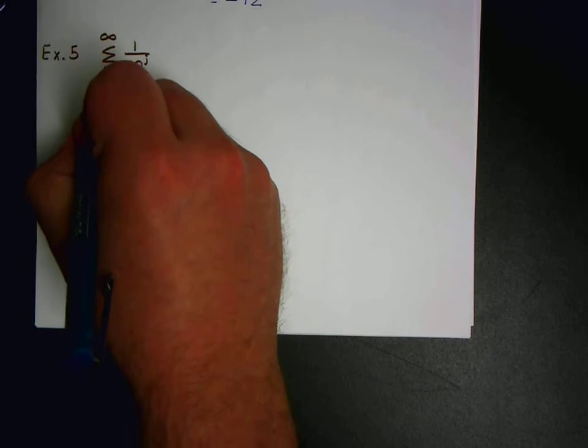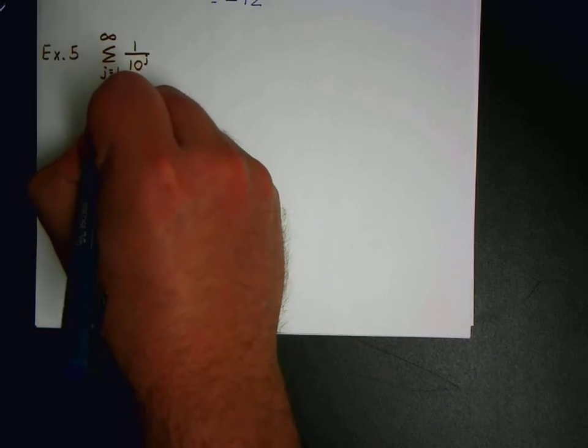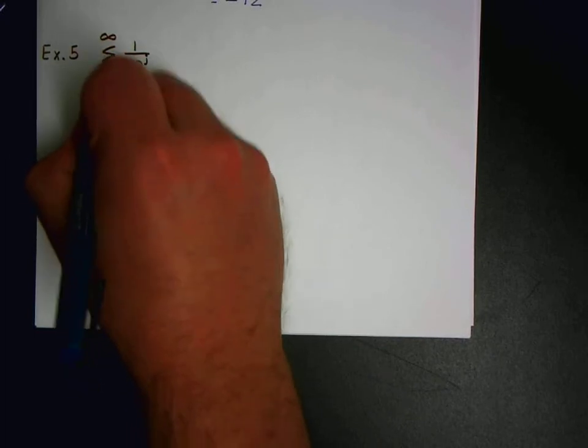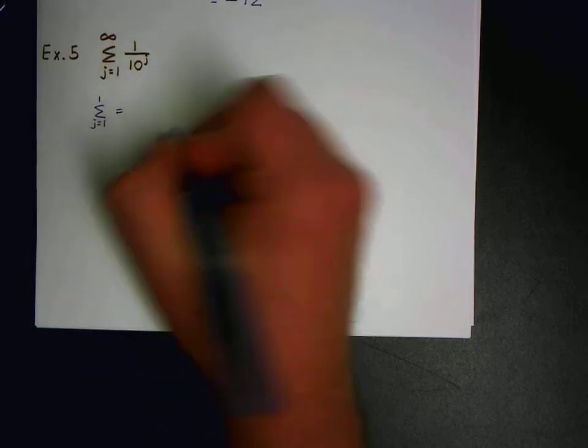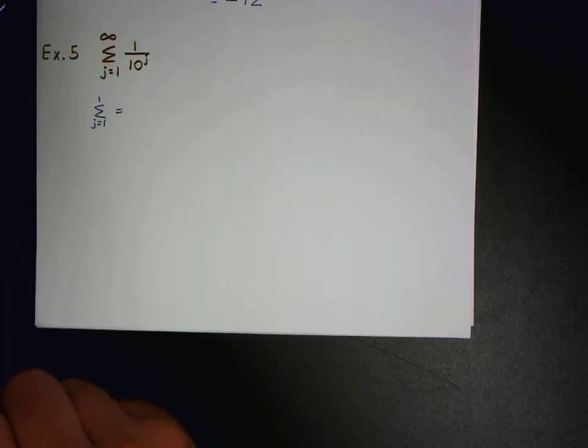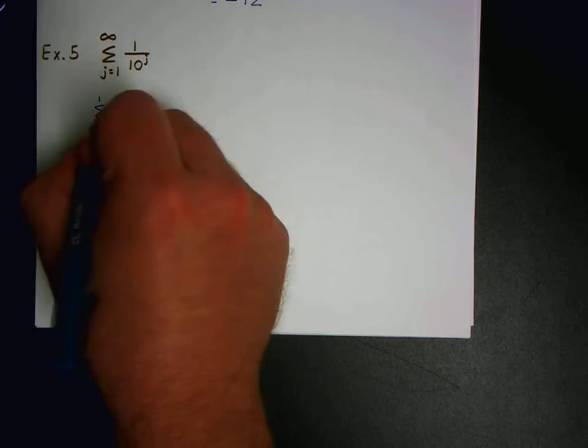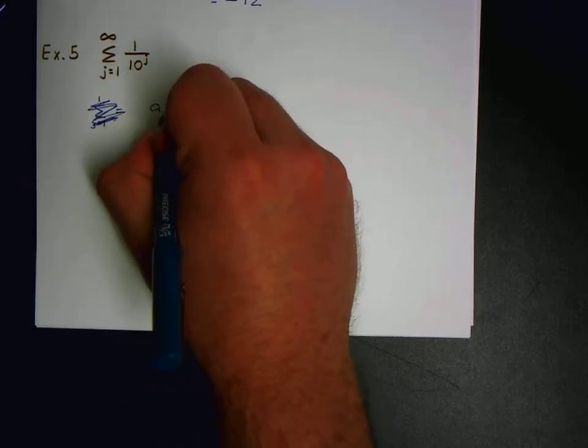Okay, infinite sum. Some of these we can do by doing partial sums. If I do the first partial sum, instead of writing it like that, that doesn't make sense. What is A1?